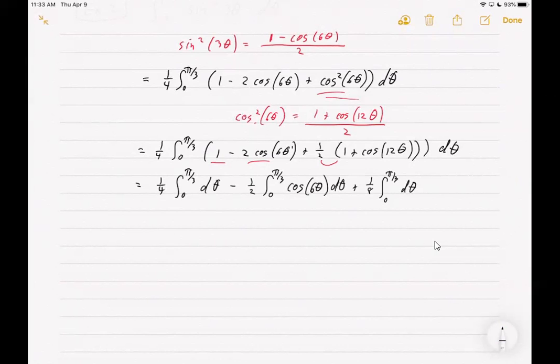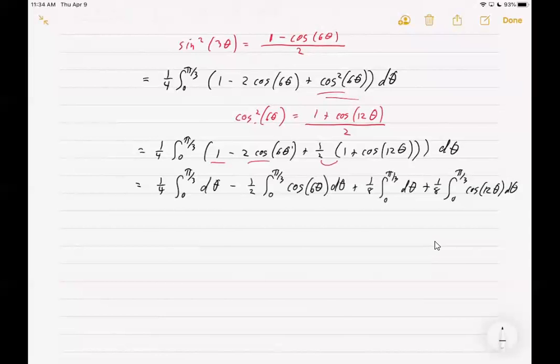And then the last term we'll have plus, there's 1/2 and 1/4, so that's 1/8 the integral from 0 to pi over 3 of cosine of 12 theta d theta.